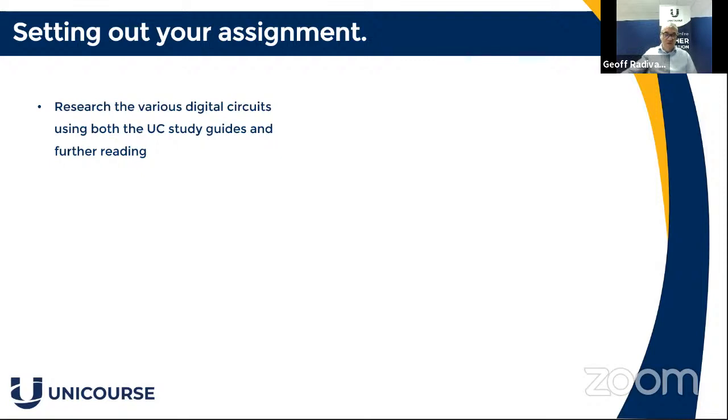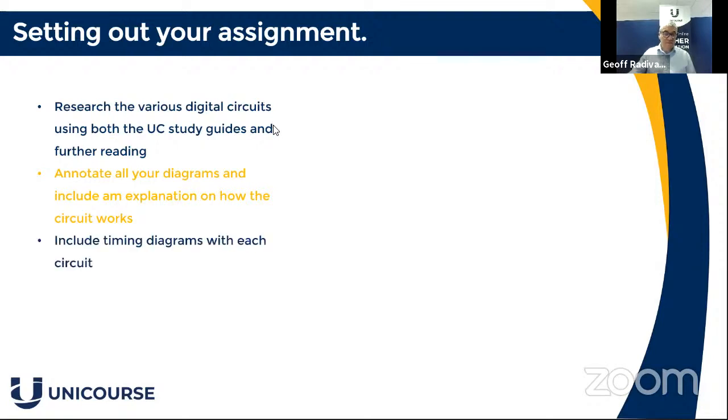But the first port of call is to use the UniCourse study guides. Make sure the diagrams are well annotated and include an explanation on how the circuit works. I just don't want to see a screenshot or a sketch drawing of a logic circuit of a subsystem and there's no annotations, no explanations, because that assignment may have to be resubmitted.